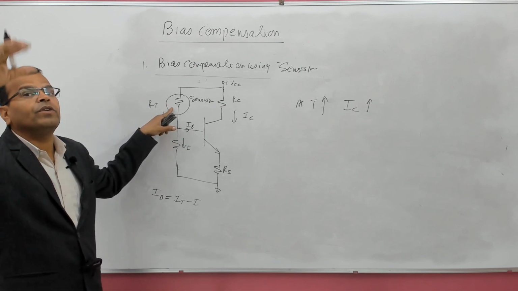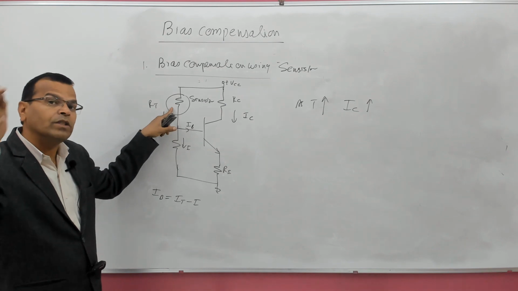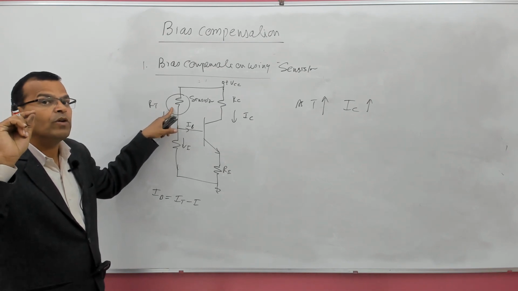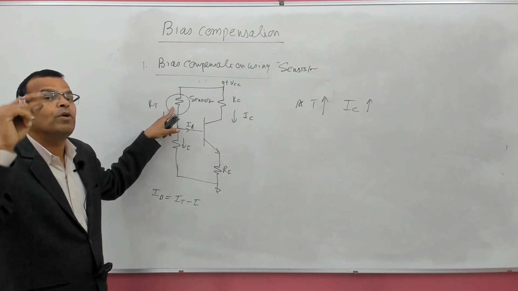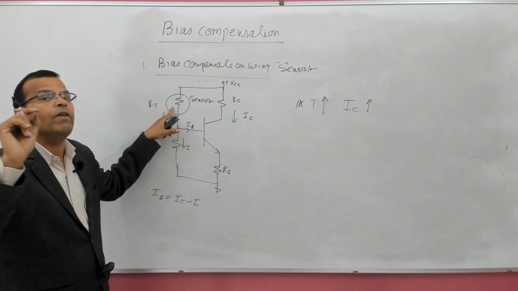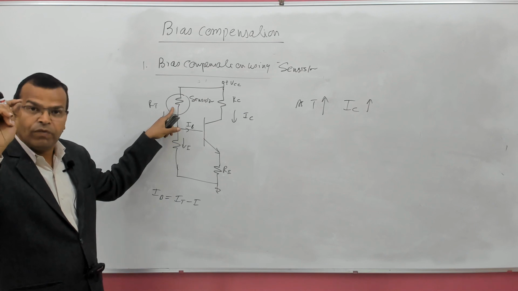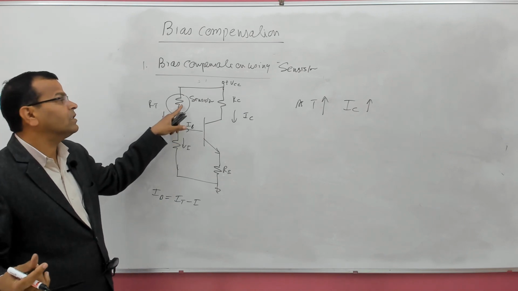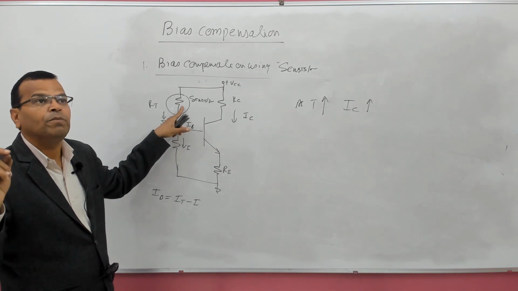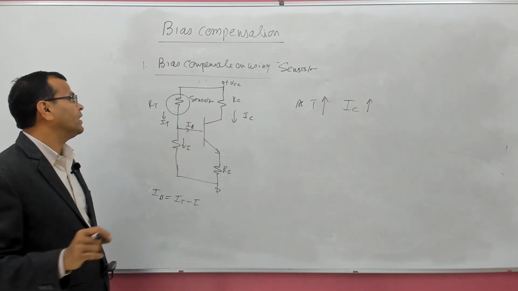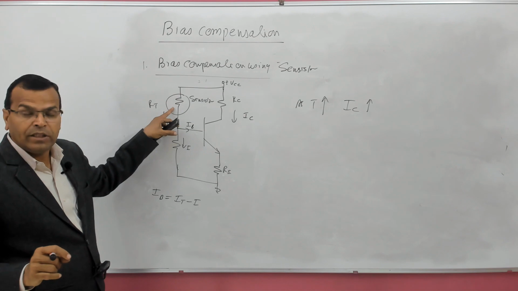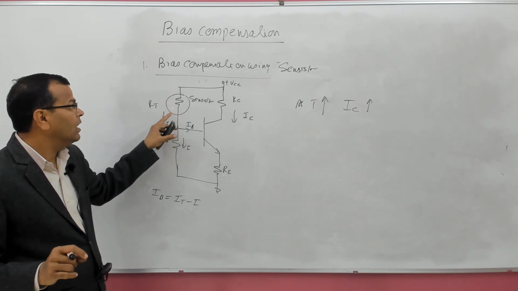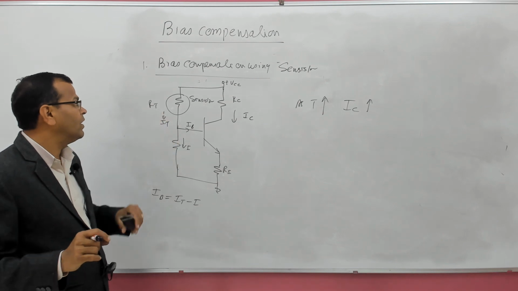Its resistance increases with increasing temperature, even though it is a semiconductor device. A semiconductor has a negative temperature coefficient, but here the transistor has positive temperature coefficient because it is very heavily doped. When a semiconductor is very heavily doped, its temperature coefficient becomes positive. So when temperature increases, its resistance will increase, and when its resistance increases, current through the device will decrease.